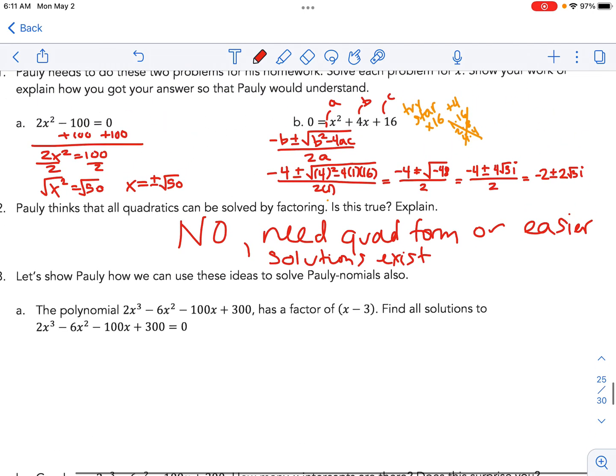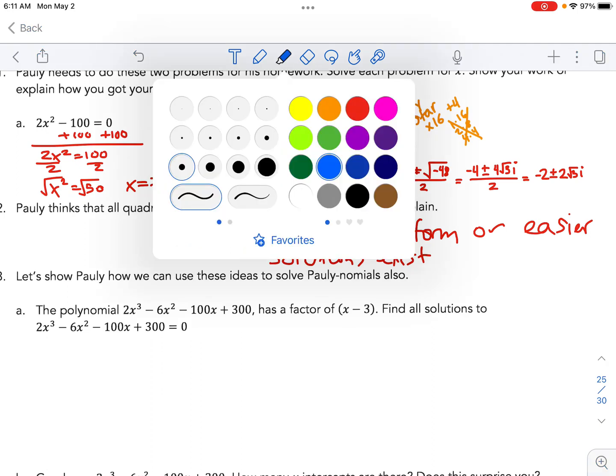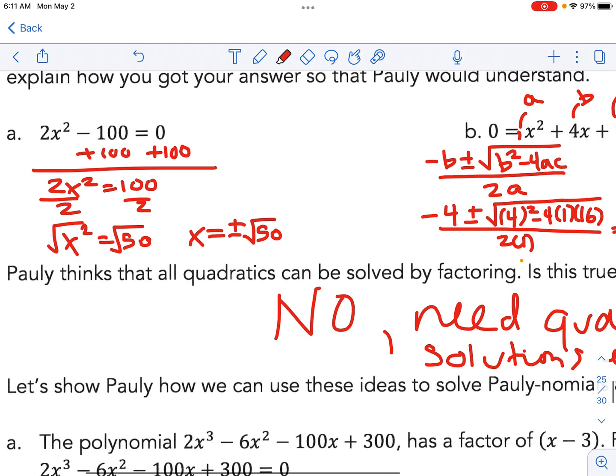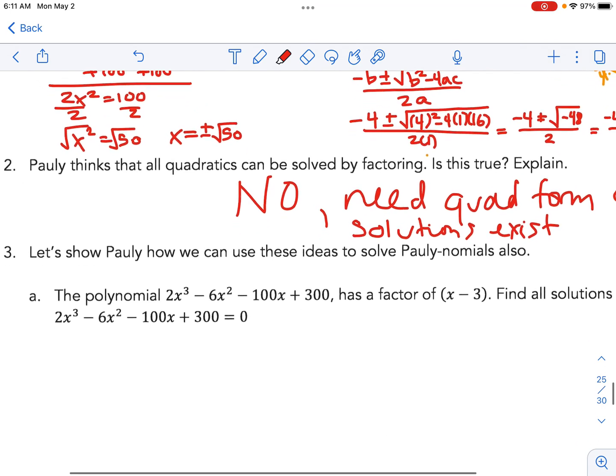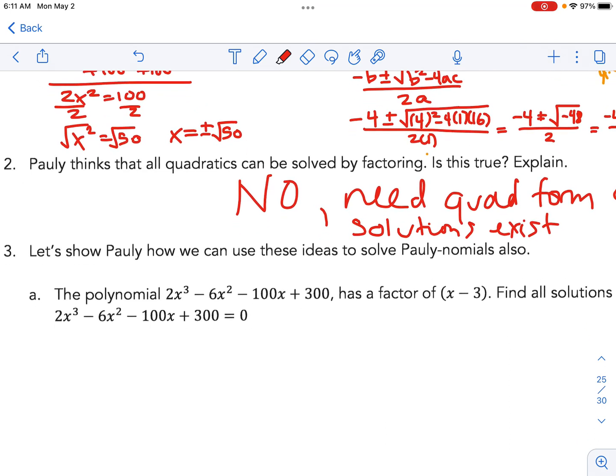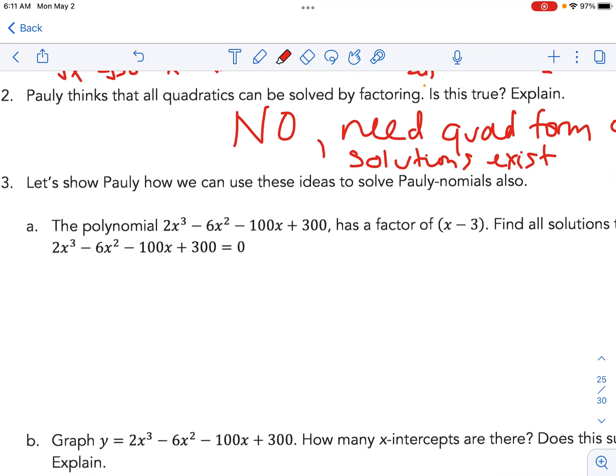But the idea is that if we're setting this equal to 0, we have to start solving it for those values of x that make that statement true.